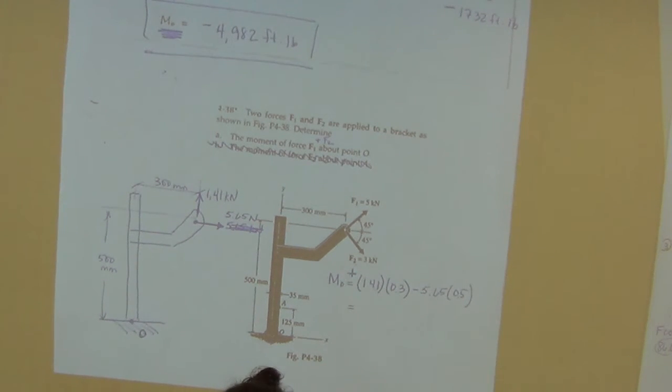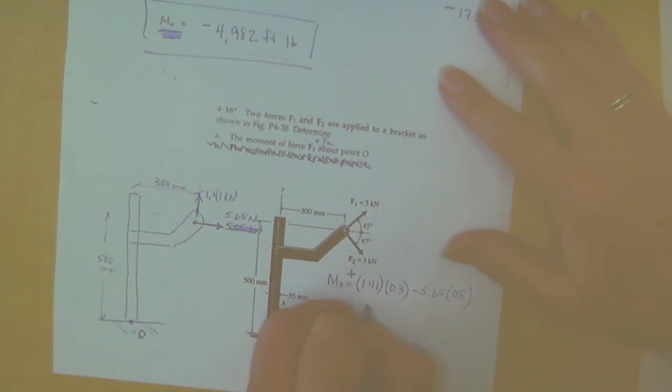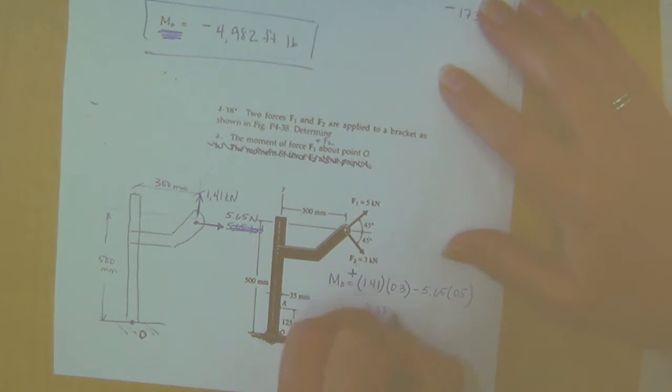I got 2.38. What is this? This is a kilonewton meter.